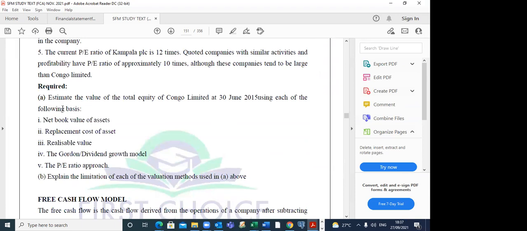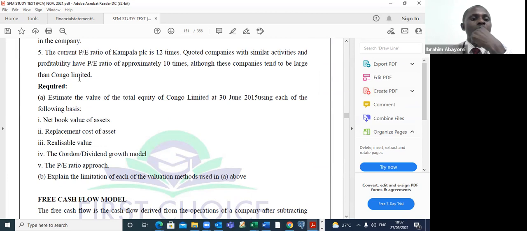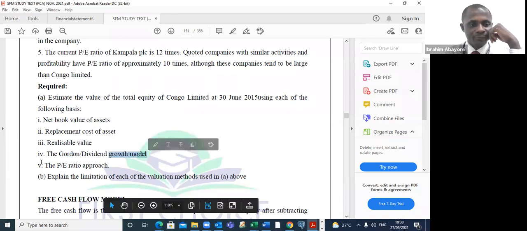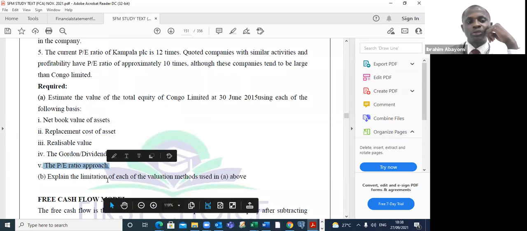Let us look at the requirement of this question. Required: estimate the value of the total equity of Congo Limited at 30 June 2015 using each of the following bases: 1, net book value of assets; 2, replacement cost of assets; 3, realizable value; 4, the Gordon dividend growth model; 5, the price earnings ratio approach.